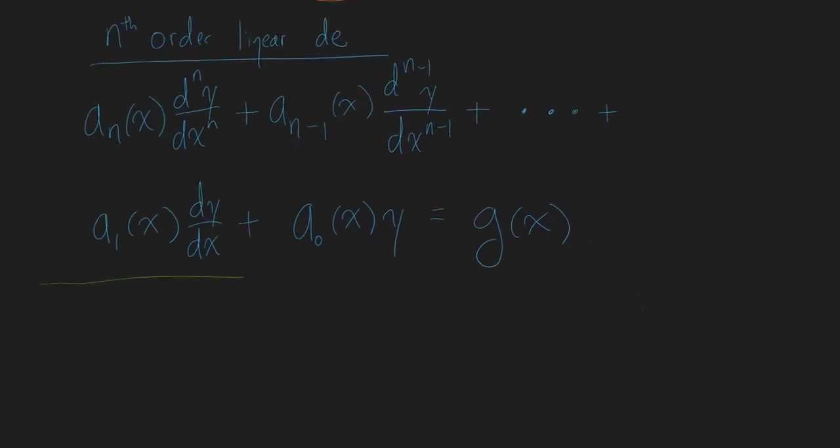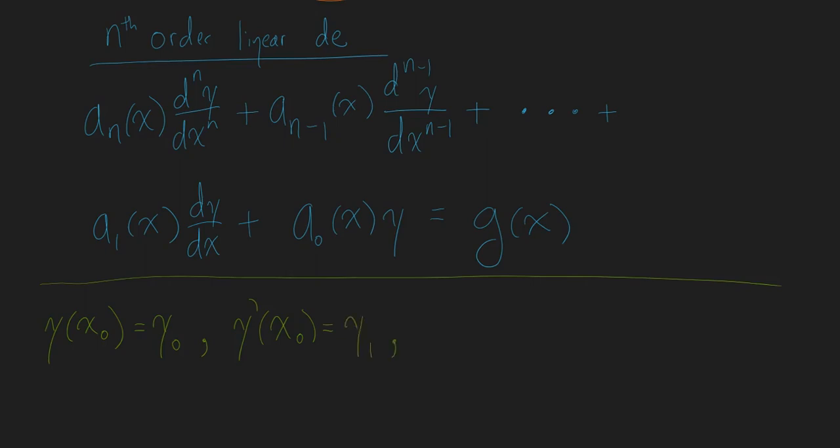So in this case, we would say, okay, we're going to require that y of x sub 0 is equal to y sub 0. And we're also going to require that y prime of x sub 0 is equal to y sub 1.